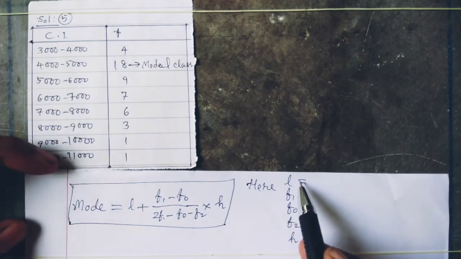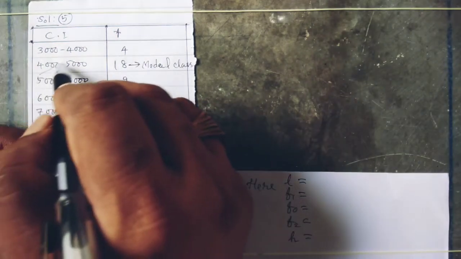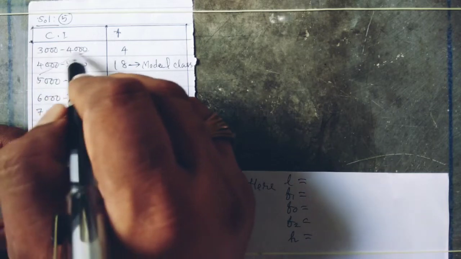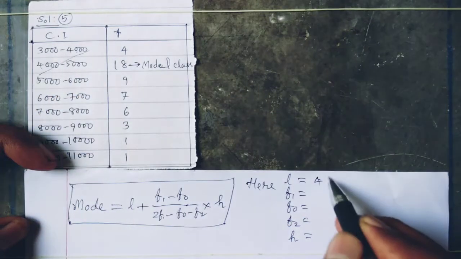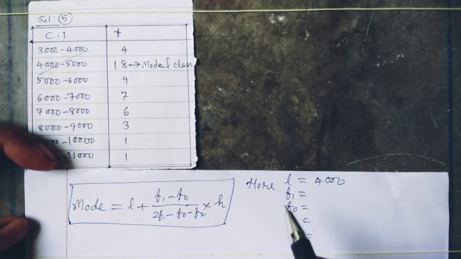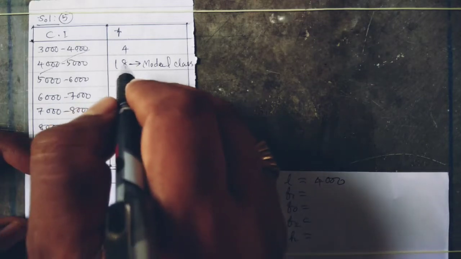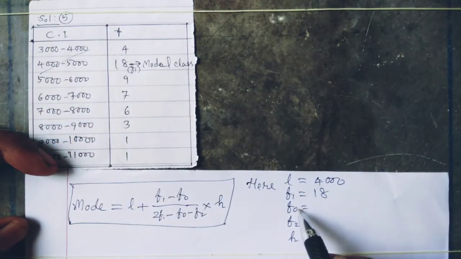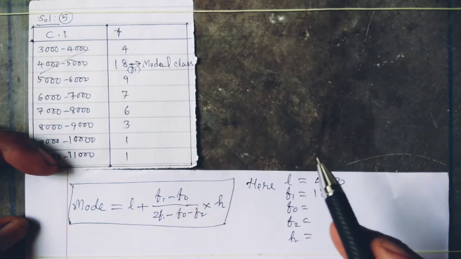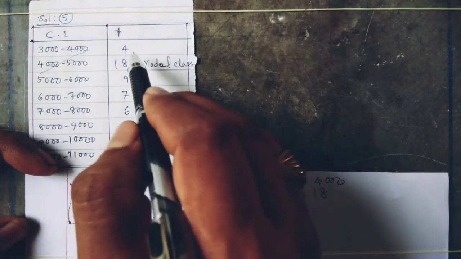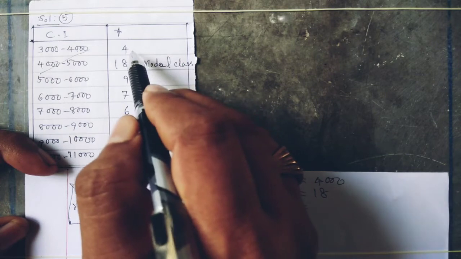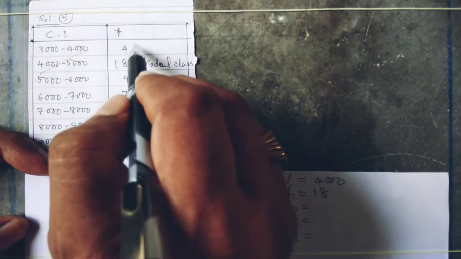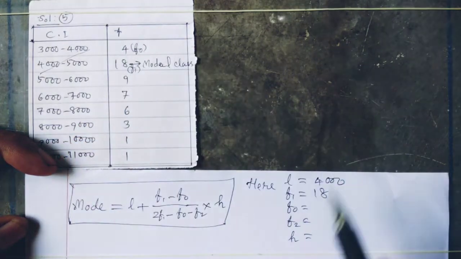So L, lower boundary of the model class, 4000. F1, frequency of the model class, 18. F0, frequency of the class preceding the model class, this is F0, 4.